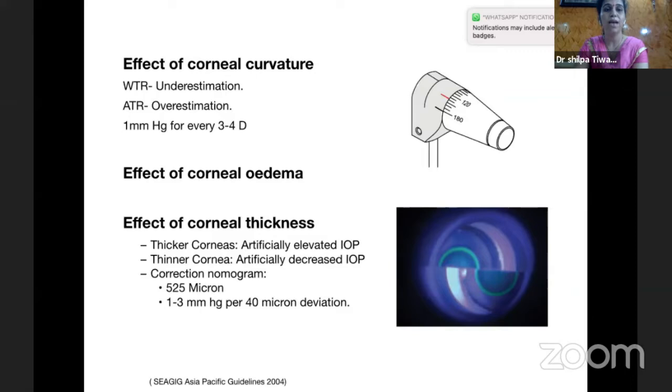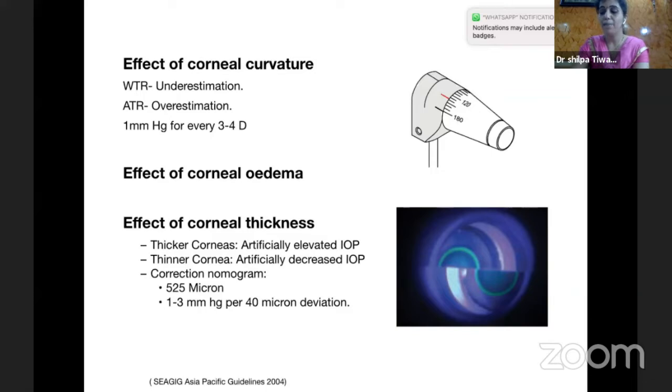So with-the-rule astigmatism leads to underestimation, and against-the-rule astigmatism to overestimation of IOP. About 1 mm Hg more pressure is recorded for every 3 to 4 diopters of corneal astigmatism.